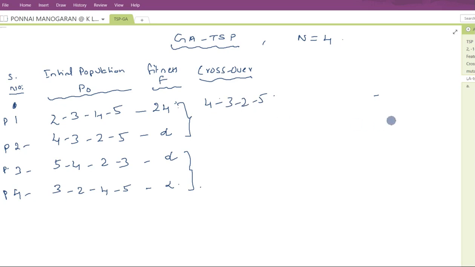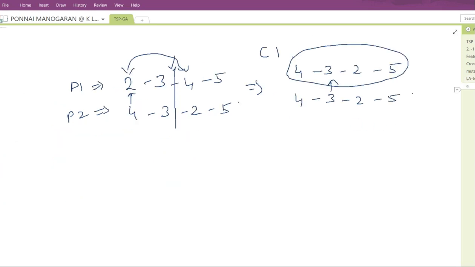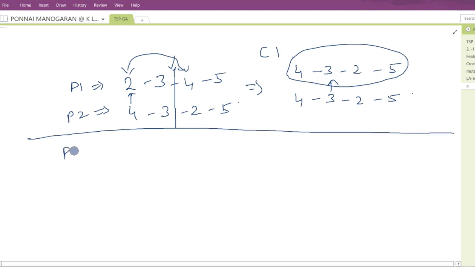Similarly, for calculating the second child, we will perform the reverse. You take P2 and P1 and you write 4, 3, 2, 5 and 2, 3, 4, 5. So you try to transform it.